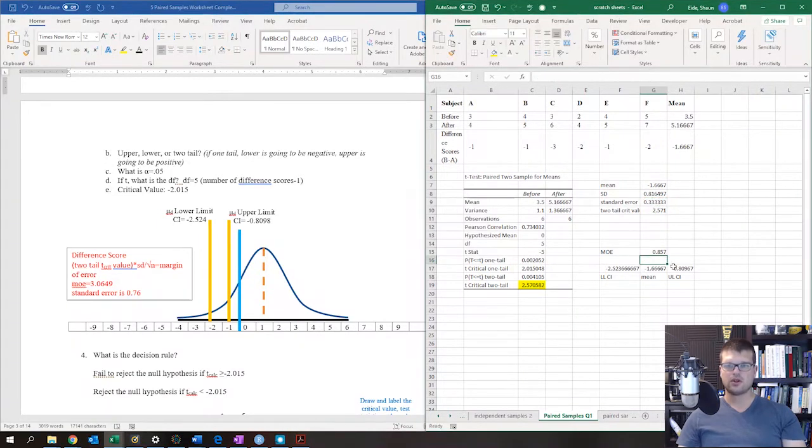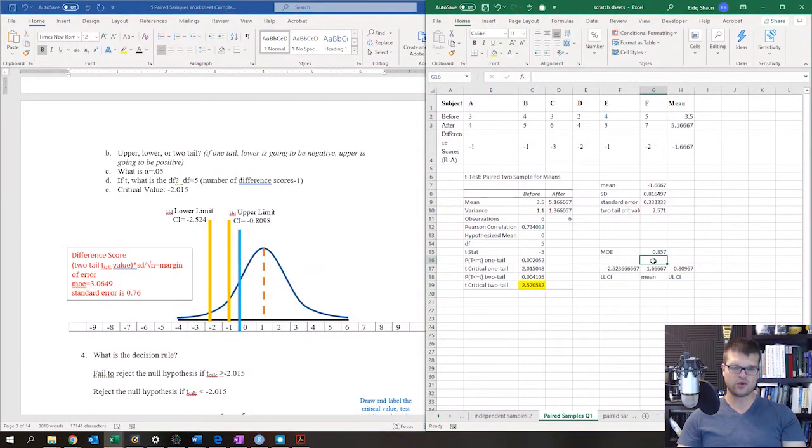So now we've got the margin of error of 0.857. When we subtract the margin of error from the mean, that gives us the lower level, and when we add it to the mean, that gives us the upper level.